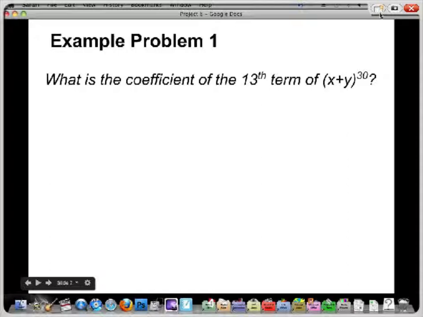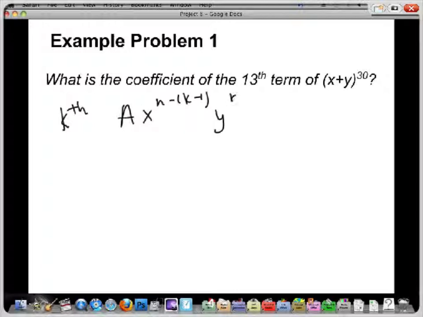Okay, so on to a couple of example problems. First, we have to find the coefficient of the 13th term of (x plus y) to the 30th. Generally speaking, the kth term of the expansion has the form a times x to the n minus (k minus 1) times y to the k minus 1, where this term a is the coefficient that we want to find in this problem.